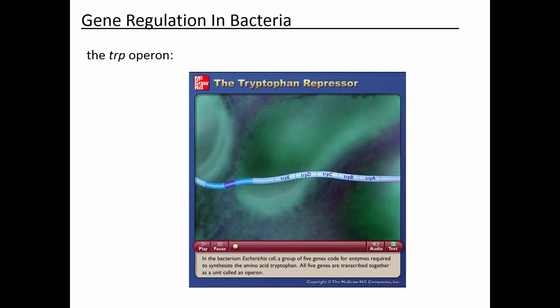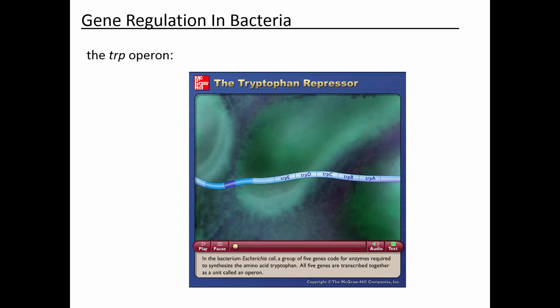Any organism would need tryptophan because it's one of the amino acids you need to make proteins. And so the genes that are a part of this operon all code for proteins involved in synthesizing this amino acid.